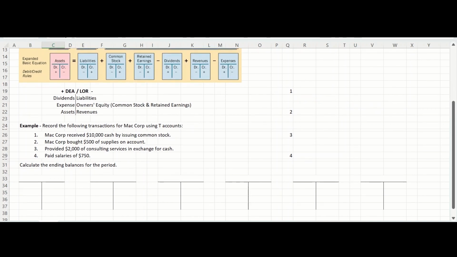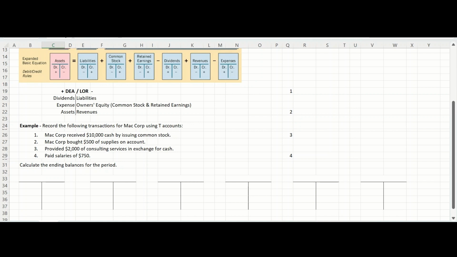So let's look at an example. We have an example asking us to record the following transactions for Mac Corp using T accounts, and then calculate the ending balance of the account. The first transaction, we have Mac Corp receiving $10,000 cash by issuing common stock. Now, before we can record this in a T account, we must think about the two or more accounts being affected by the transaction.